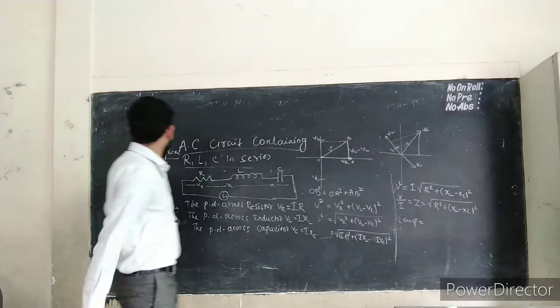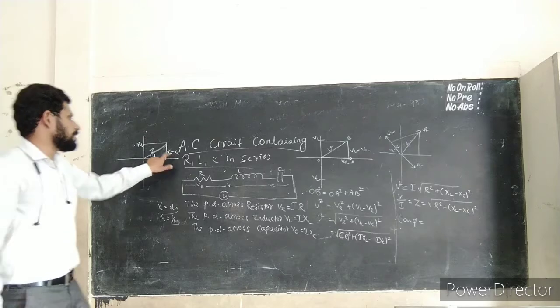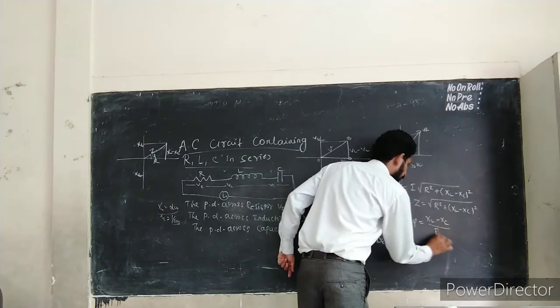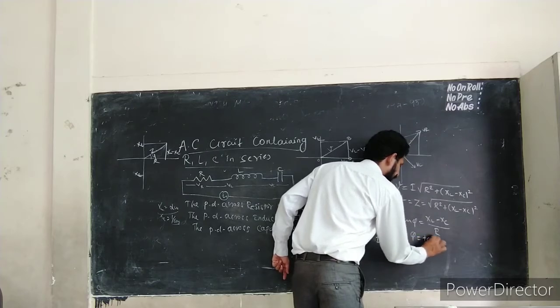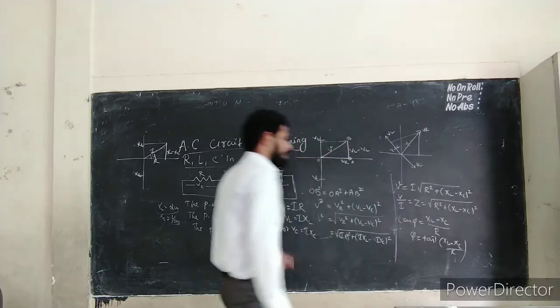Here, take out the tan phi, the phasor angle. Always opposite by adjacent. What is the opposite? XL minus XC by R. Phi will be equal to tan inverse of (XL minus XC) by R. So, here we have 3 cases.